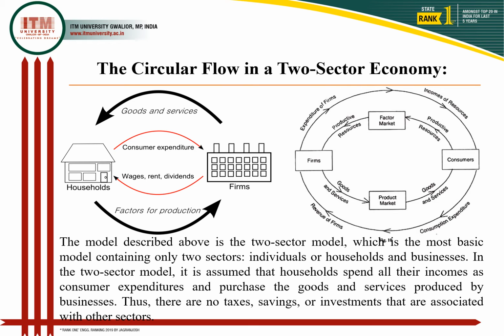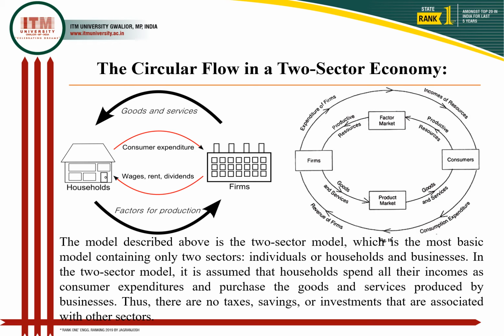Here, one more point I want to make very clear. For the purpose of the production process, the factors of production are involved. If you can see there, how the household is involved in providing the factors of production to the firms. So the factor services are provided by the household to the firm, and in return there is a corresponding flow of goods and services.